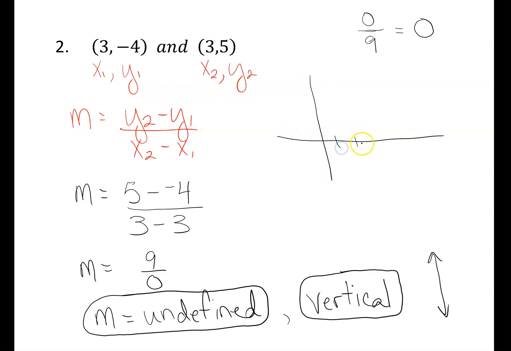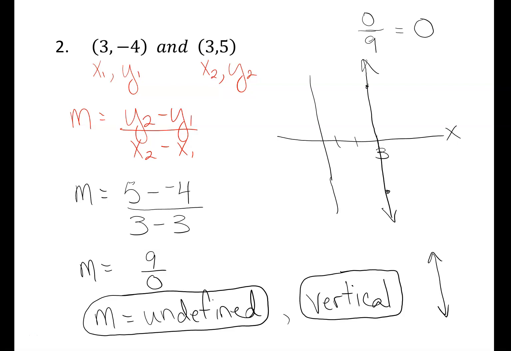So if we go to 1, 2, 3, here's 3 on the x-axis. And I'm not going to make this extremely accurate, but let's say we plot 3, -4 would be down here, and 3, 5 would be up here, and we draw a line. It is, of course, going to be a vertical line.